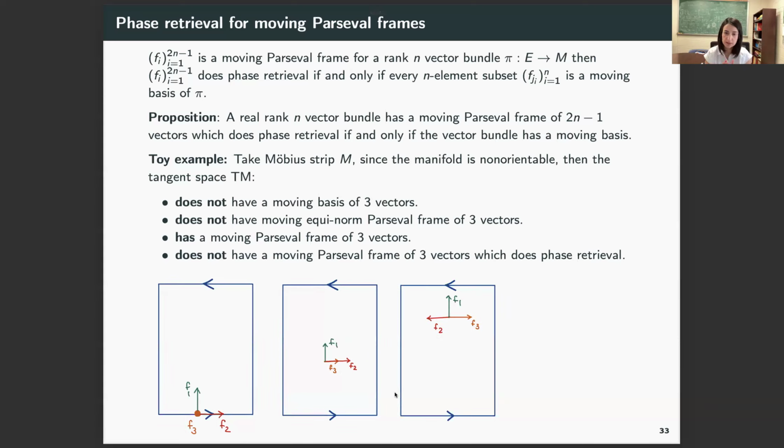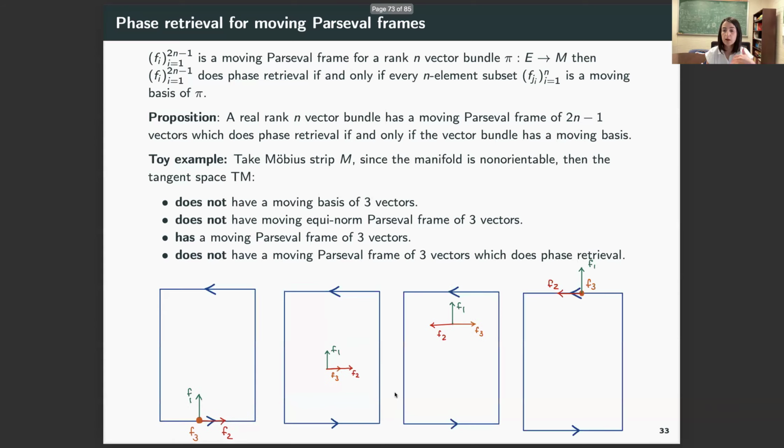Moving a little bit up, F2 goes in the other direction, and F3 is still in the same place. And as it gets to the top, F3 projects back to the point, or 0, and F2 would be in the opposite direction.